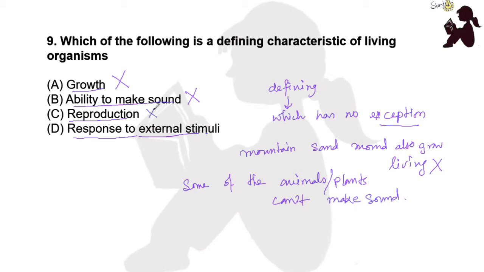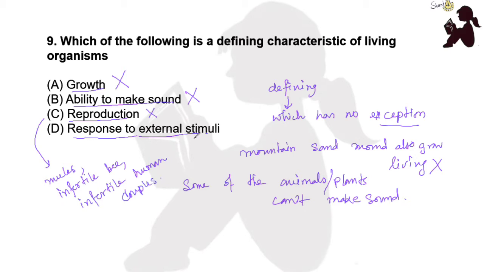This is also non-defining because we know that some animals like mule-like animals, the infertile bee, and also infertile human couples can't reproduce. Okay, so these are non-defining.